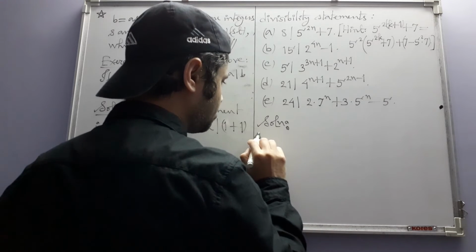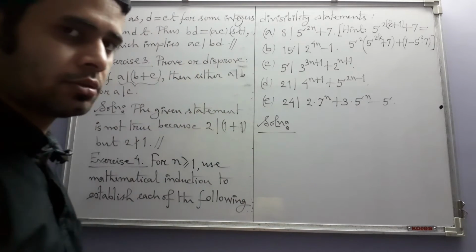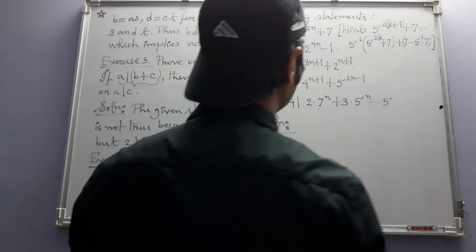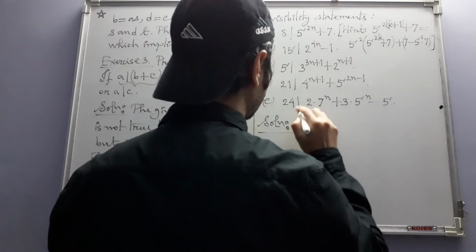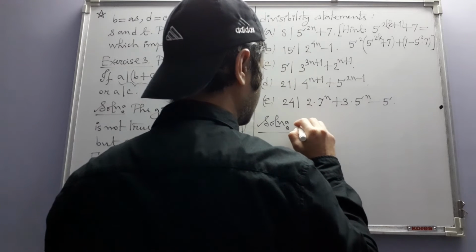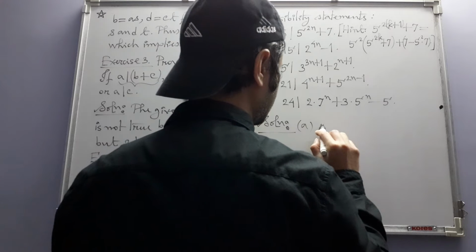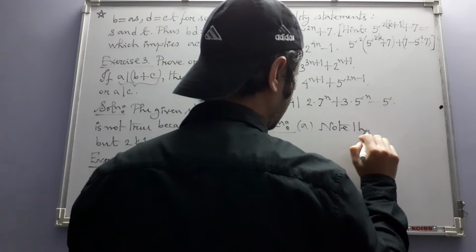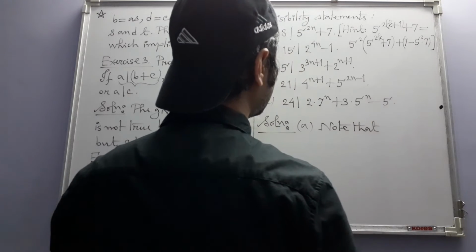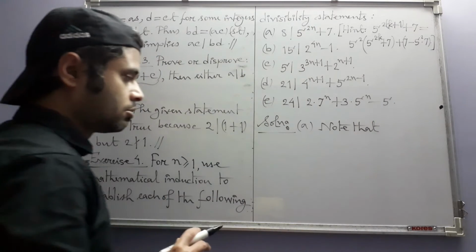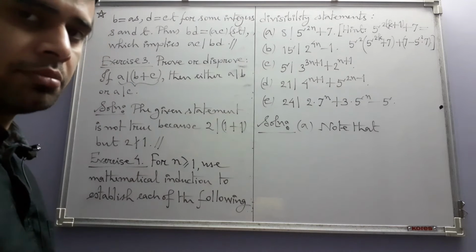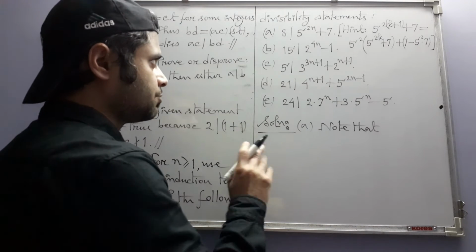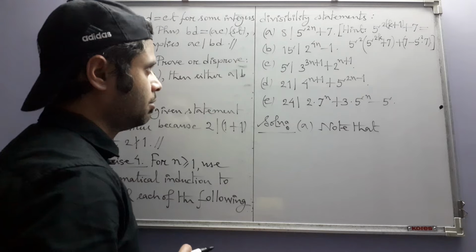And in each part we have to use induction to prove the result. Note that, so to start the induction we need a basis, and for that basis we would put n equal to 1.